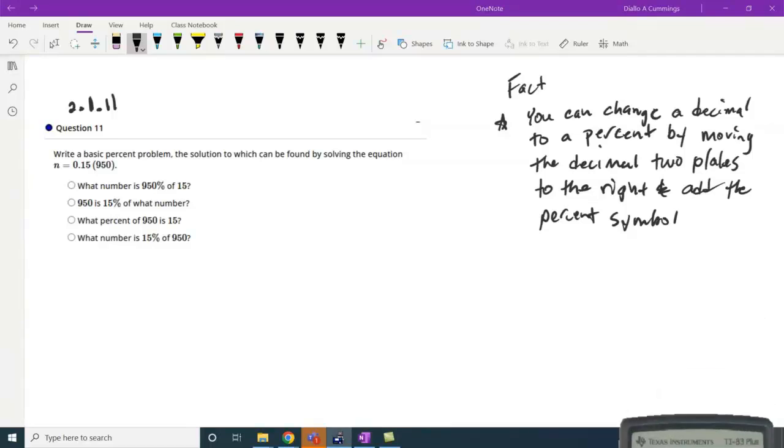So if you're given a decimal, you can change any decimal to a percent by simply moving that decimal 2 places to the right and then attaching your percent symbol.